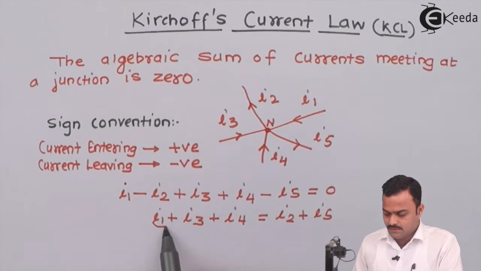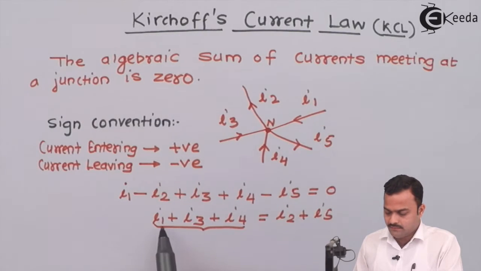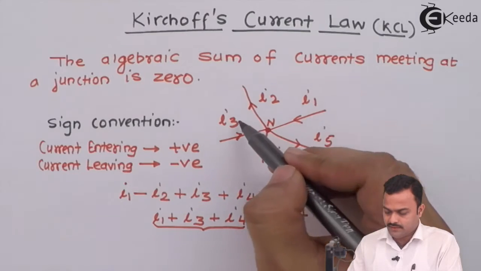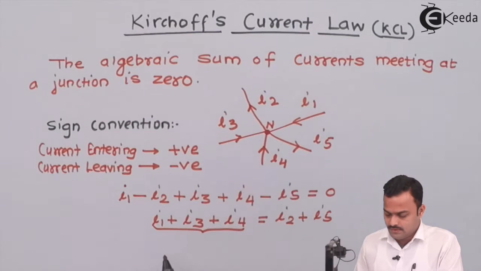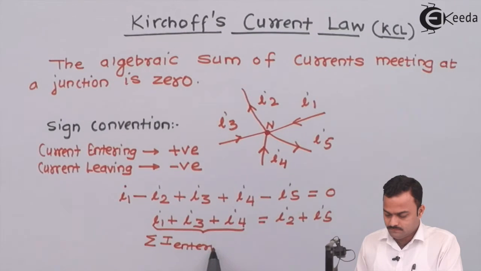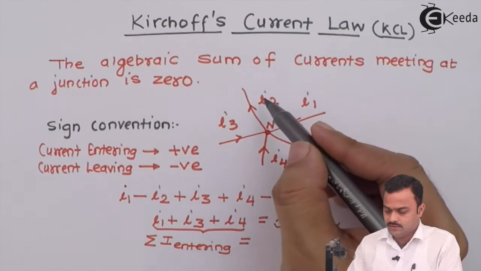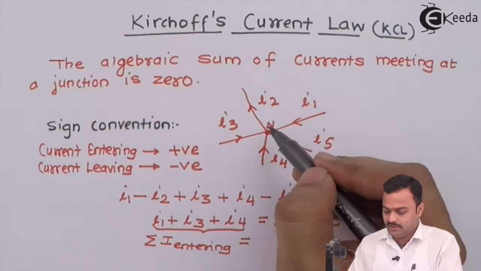Just observe closely these three currents I1, I3, I4 are of the same nature, that is entering the node. So I can say it is a summation of currents entering the node, equal to, once again, if you see carefully, I2 and I5 of the same nature, leaving the node.